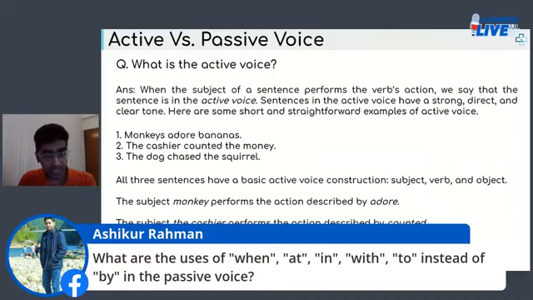My friends ate the pizza. This is in the active voice. In the passive voice, the pizza was eaten by my friends. Okay, so who did so? When you want to talk about the person or the element that caused the action, you need to bring in the preposition by. Okay, all right.